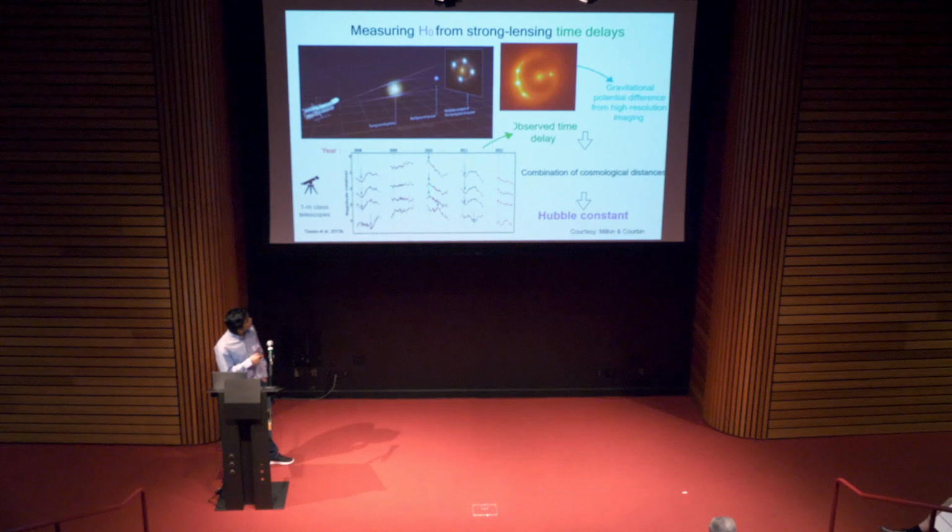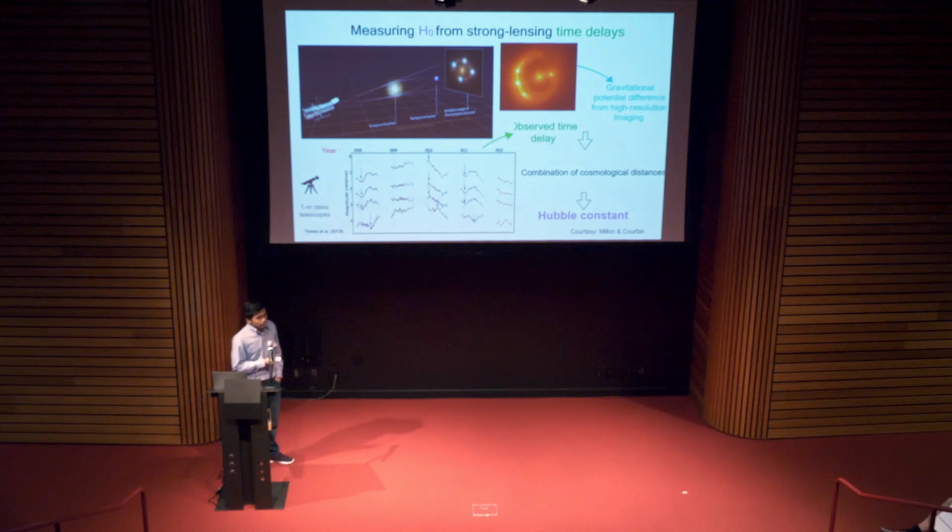Here you can see the light curves from the 4 images of this lens system, observed by a 1 meter class telescope. We can combine this time delay data with gravitational potential information, which we can model using the high resolution image. From there, we get a combination of cosmological distances, and from cosmological distances, we can infer the Hubble constant.